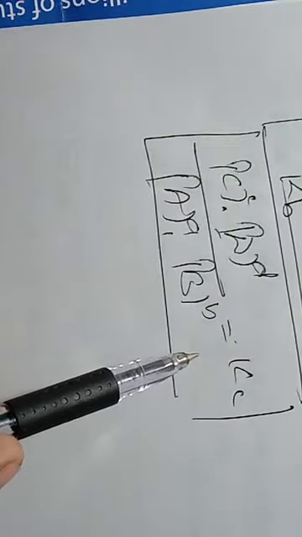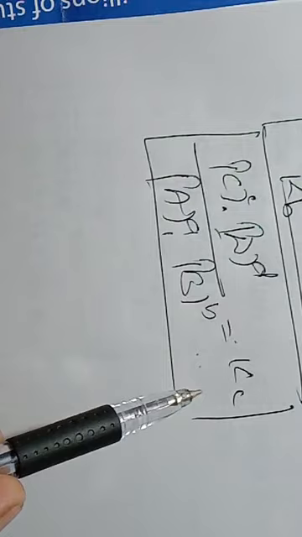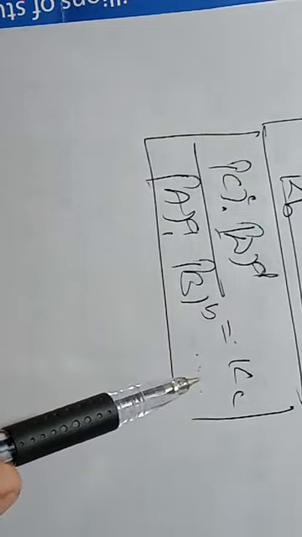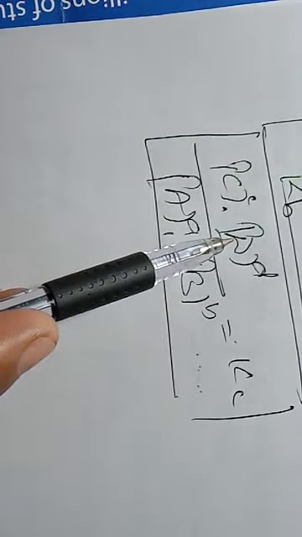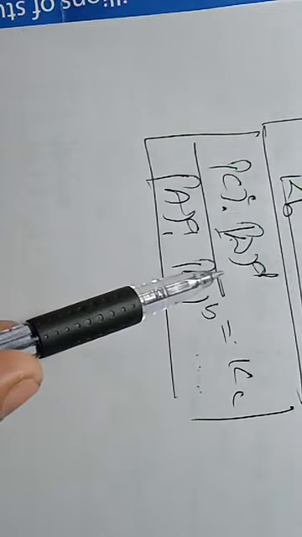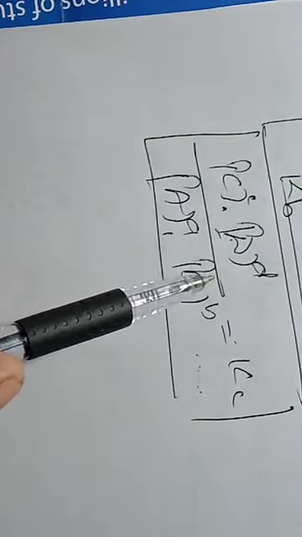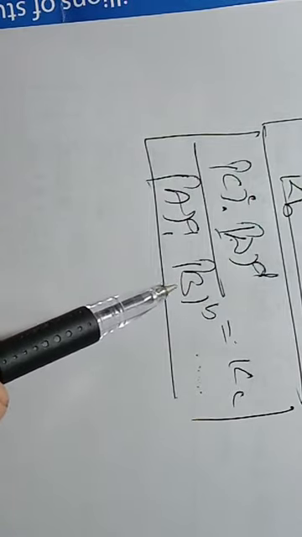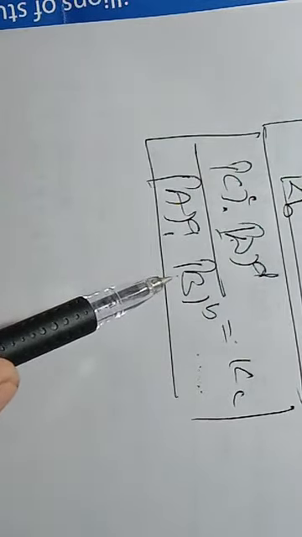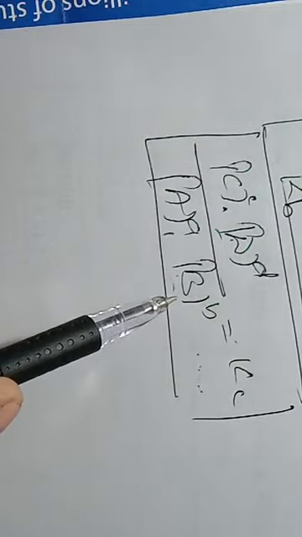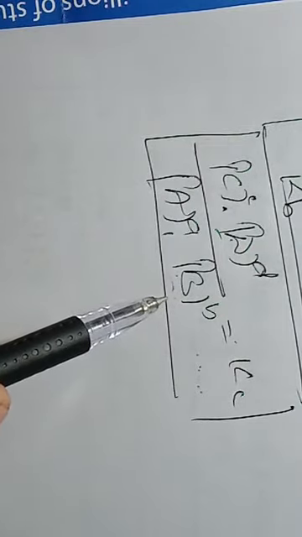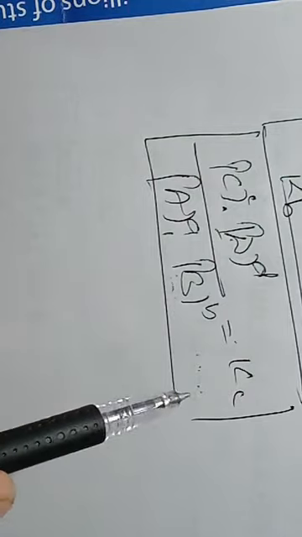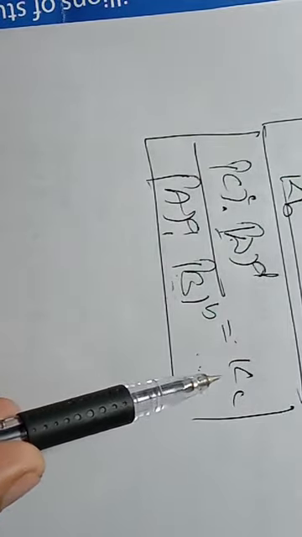And according to this relation, at a given temperature, the product of concentrations of the reaction products raised to their respective stoichiometric coefficients in the balanced chemical reaction divided by the product of concentrations of the reactants raised to their individual stoichiometric coefficients has a constant value K. Okay, and this K is known as the equilibrium constant.